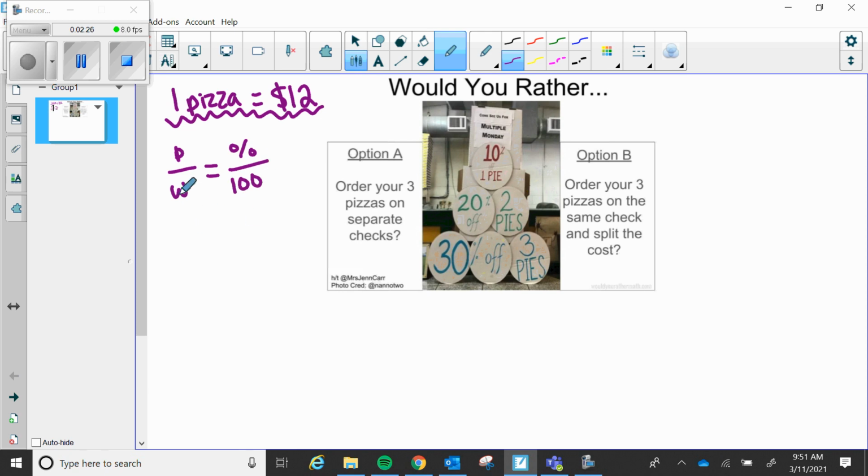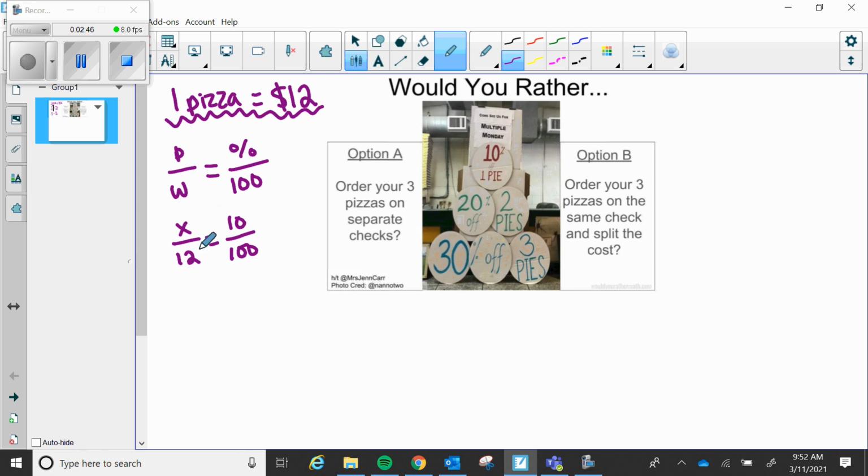So when I fill in these blanks, 1 whole pizza costs $12. I'm trying to figure out what 10% off would be, and your percent always goes over 100. So we're trying to figure out what this part would be. What part are we going to take off of our total?